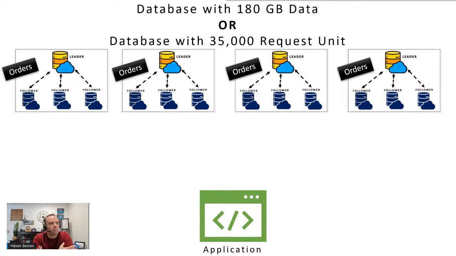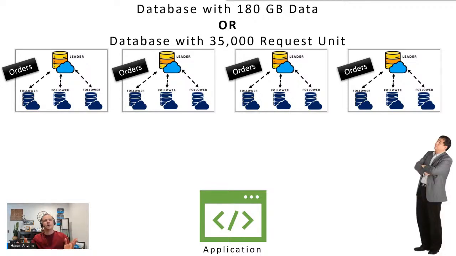Now, we have 4 different locations to get the data. How is the application going to know where the data is? This is not SQL Server, where you have only one place, the data is centralized, and it goes exactly where to get the data. We have 4 different locations to get the data that the application is looking for.